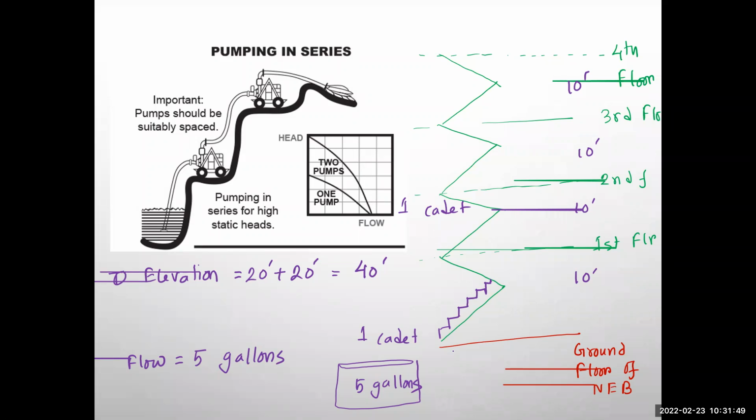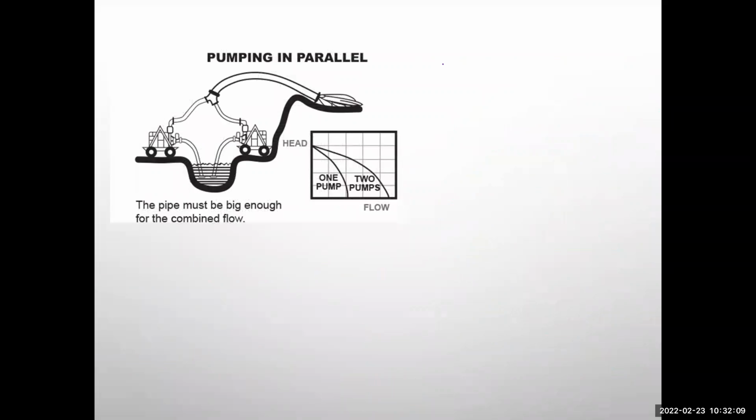This cadet is passing something to the next one. If you look at pumps in series, they are the same thing. This is HA and this is HB, and in total that is HA plus HB, but the Q is the same.